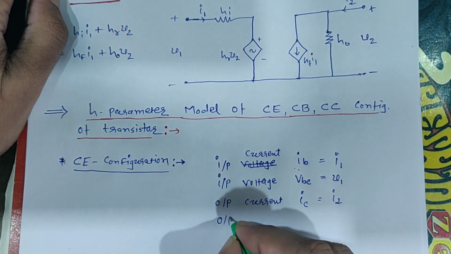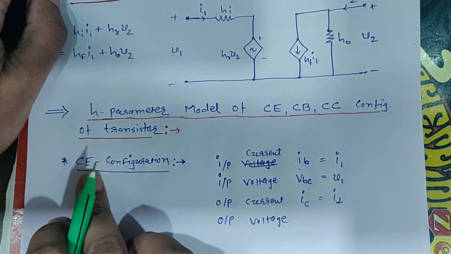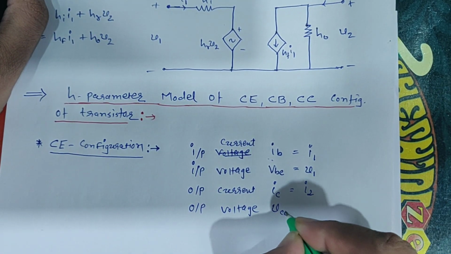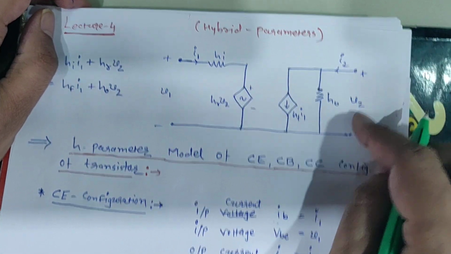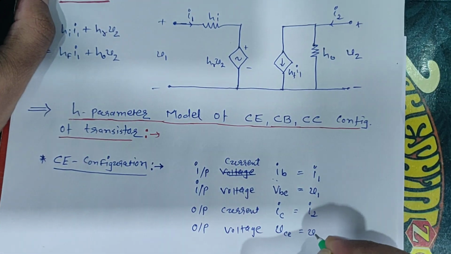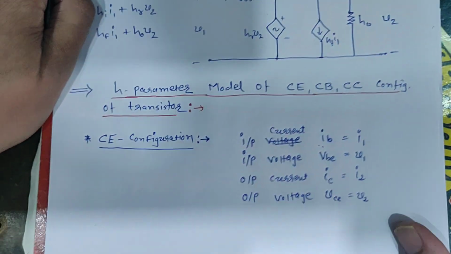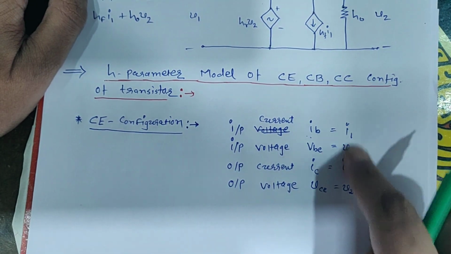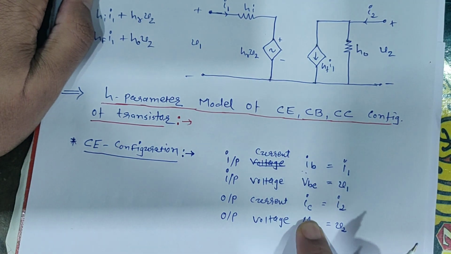And the output voltage in common emitter configuration we will write as VCE, and here the output voltage is V2. So we will represent these parameters in the above circuit with these parameters.